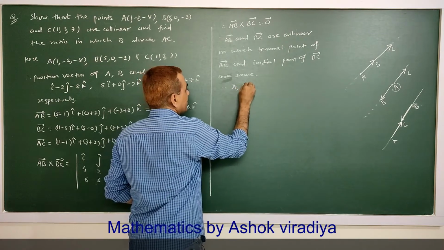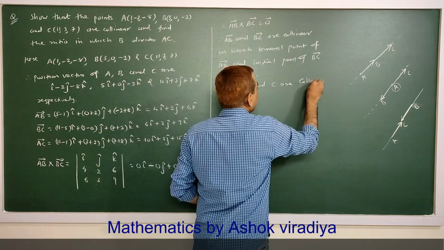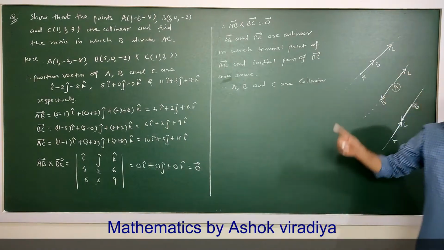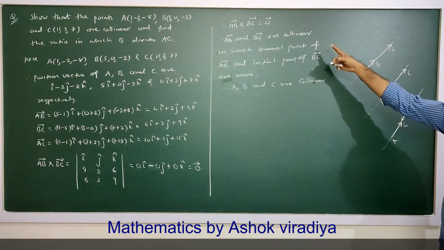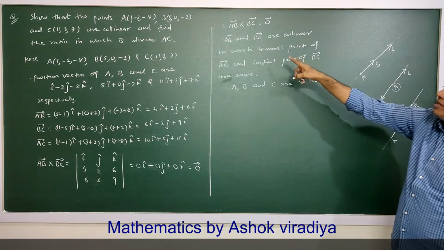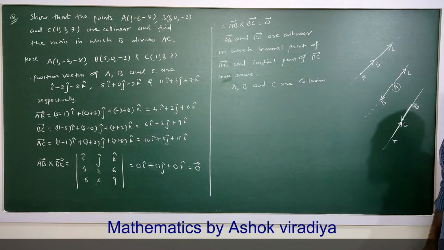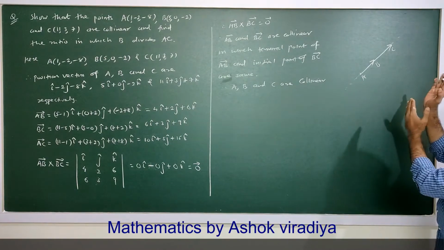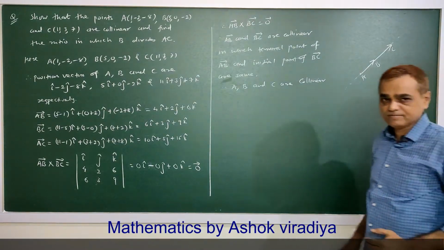Therefore A, B and C, these points are collinear. Here we have proved vector AB and BC are collinear, and the terminal point of vector AB and the initial point of BC are the same. So this may be the position of the vectors. So therefore points are collinear.